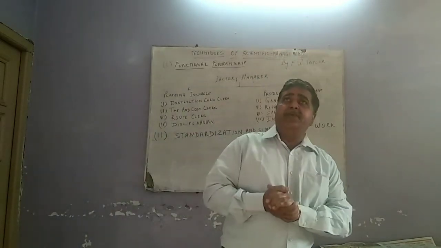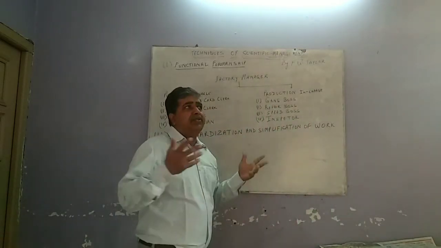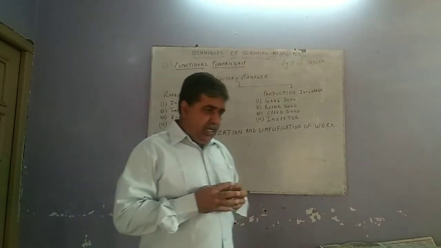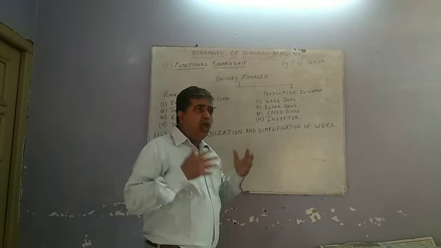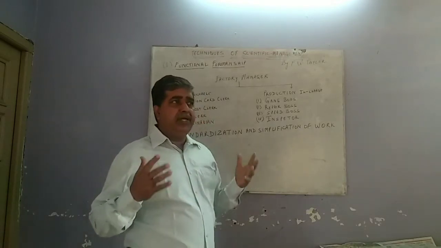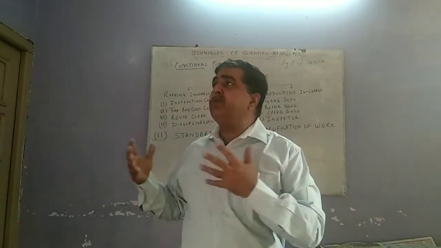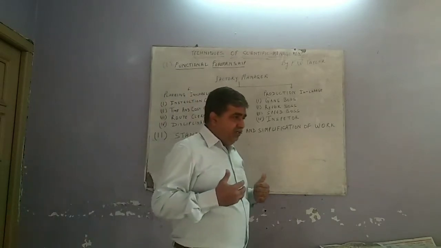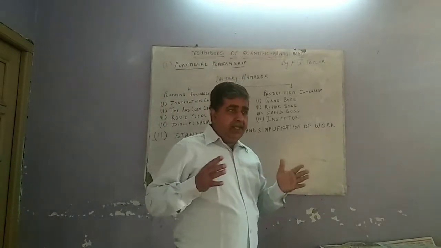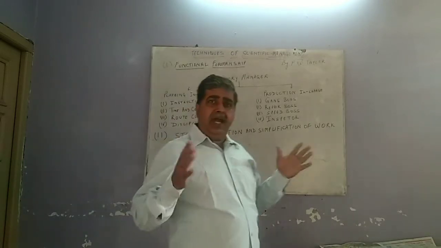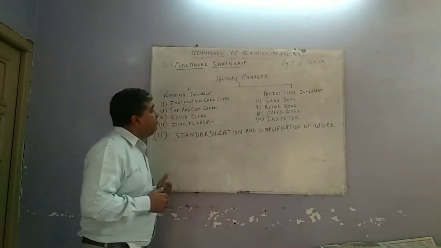F.W. Taylor was of the view that a single person may not be capable to undertake all the aspects of a production unit, of a production process. So, just to overcome this limitation of human beings, he divided the entire factory into two parts.